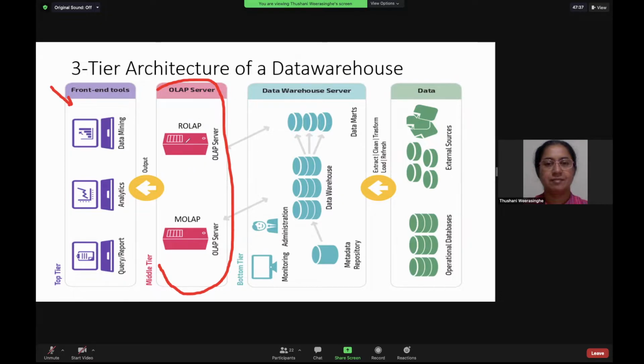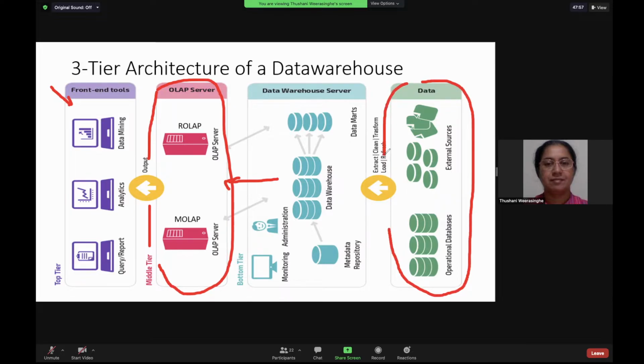For the analytical purpose, it is better to have a separate layer so you can carry out all this analytical work more efficiently, and then we can get the data from the bottom layer, which comes from the data sources. We have external and internal data sources in the organization. All these can be taken to the data warehouse, and you can carry out the analysis here.